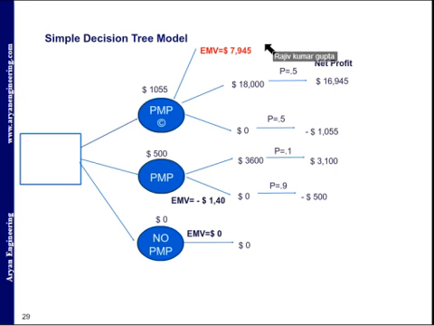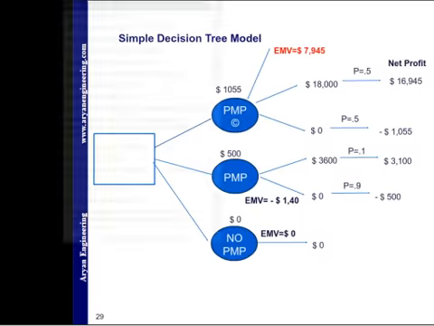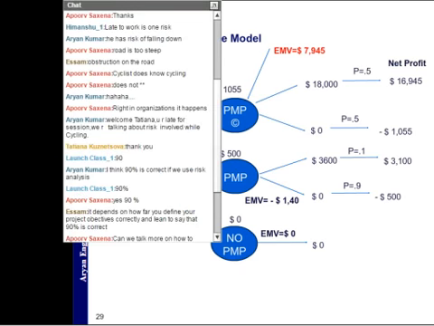So our EMV is 7945. That is a positive value. So based on that, the expected monetary value is 7945.